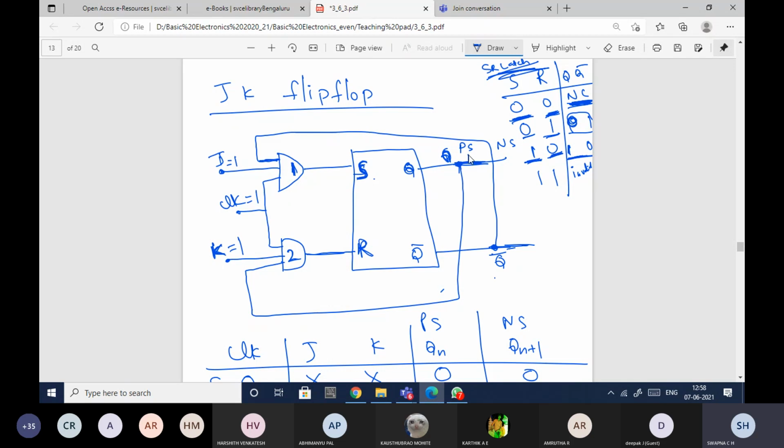Okay, so if Q is 1, Q bar will be equal to 0. So this Q value 1 is fed to the second gate. Q bar, which is 0, is fed to the first AND gate. So 0, 1, 1.